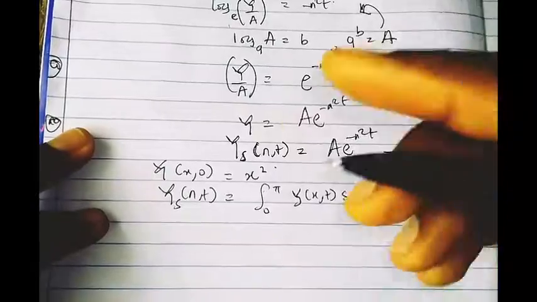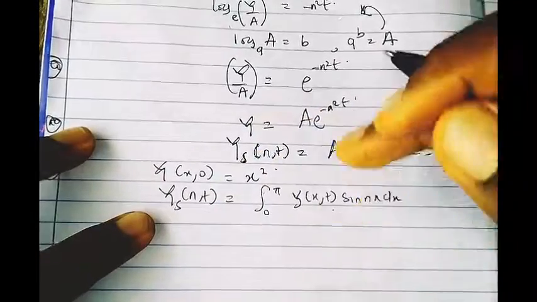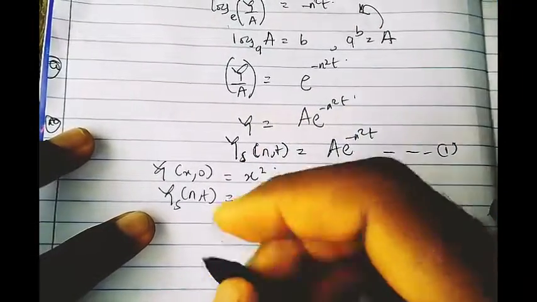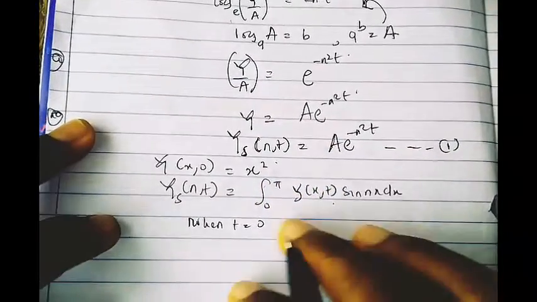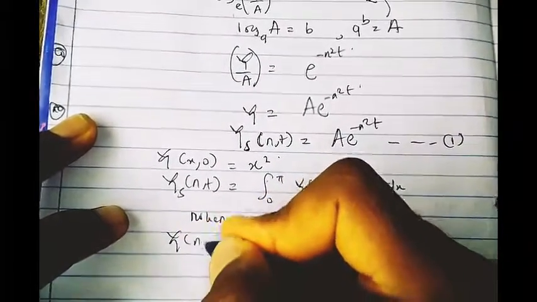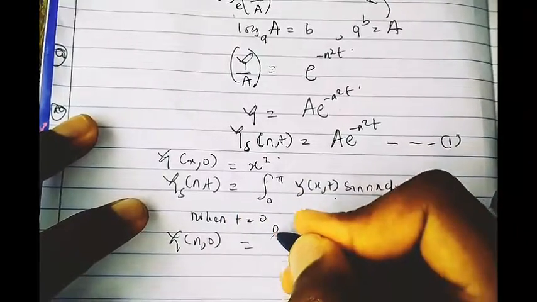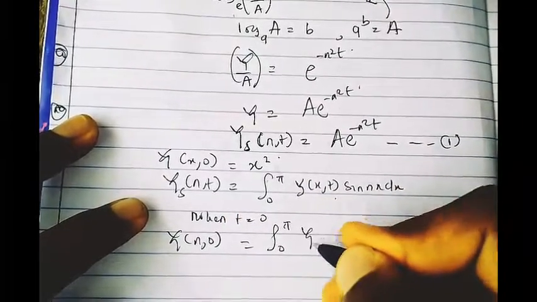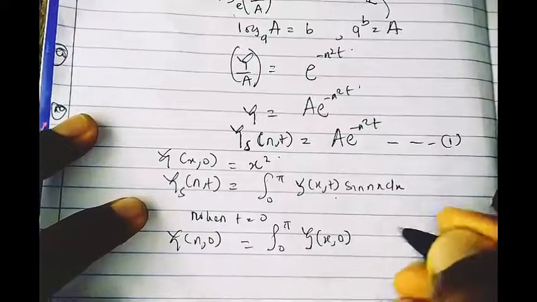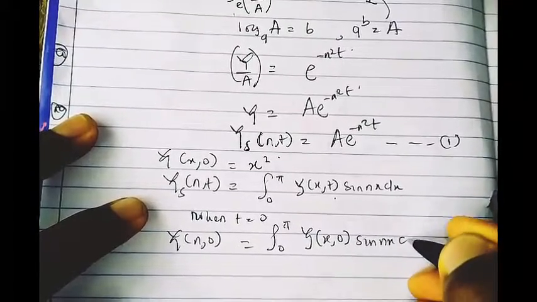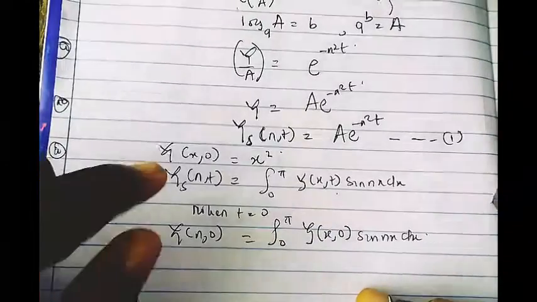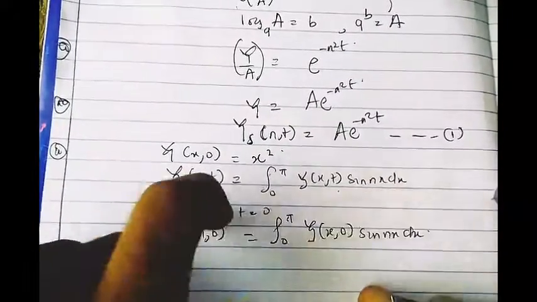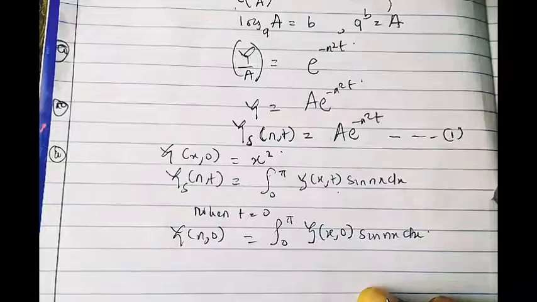So when t is 0, we'll be left with y of n comma 0 equal to the integral from 0 to pi of y of x comma 0 times sine nx dx. I just substituted t equal to 0 into the general form we have.